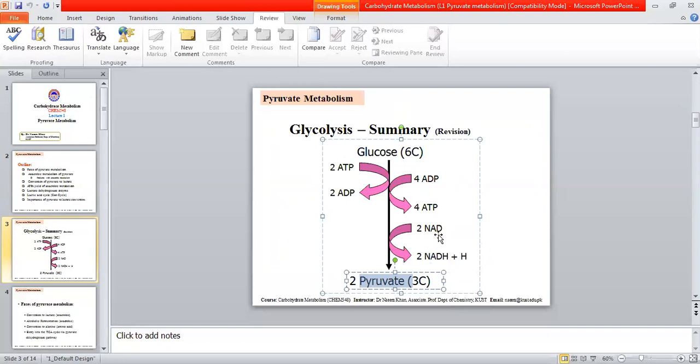At the same time, 2 coenzyme NAD are reduced to NADH.